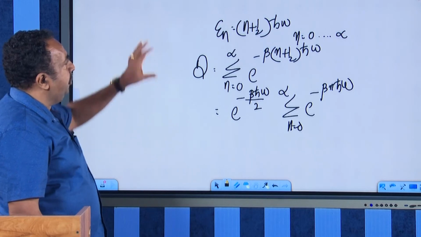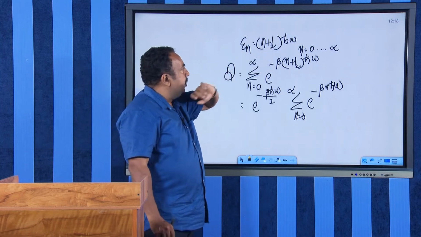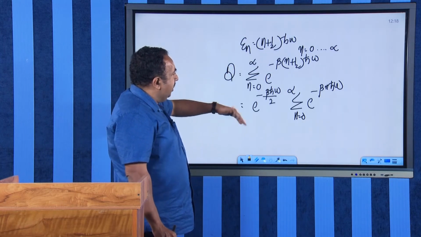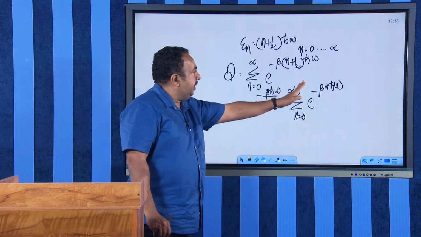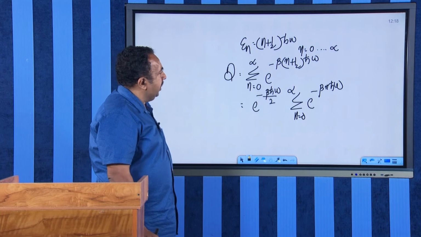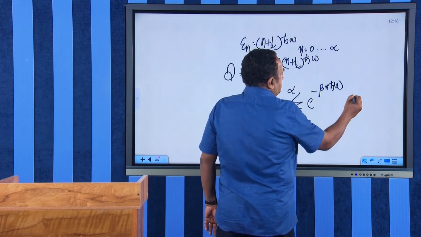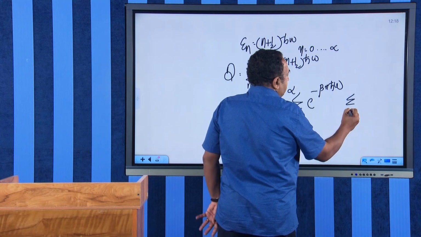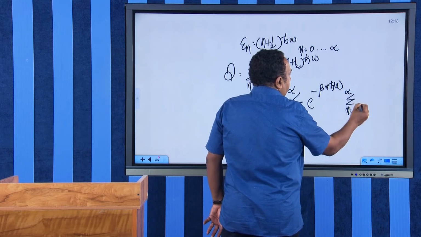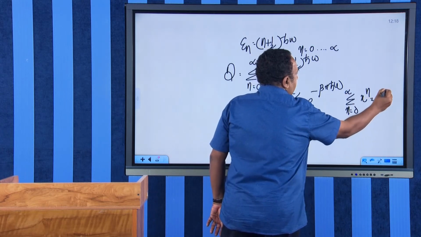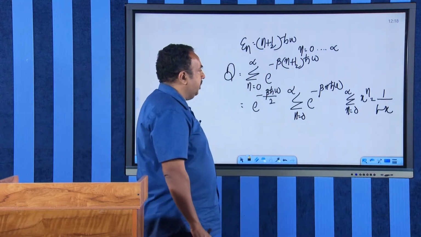Your energy was for a one-dimensional harmonic oscillator with a zero point energy of half h cut omega. Now, I have taken the part which does not have n, and this summation is over n equal to 0 to infinity e raised to minus beta n h cut omega. There is a very famous Taylor series expression: sum over n equal to 0 to infinity x raised to n is equal to 1 divided by 1 minus x.